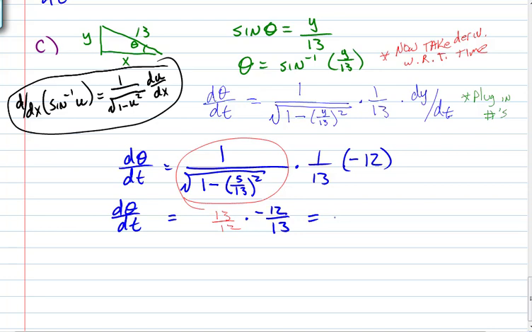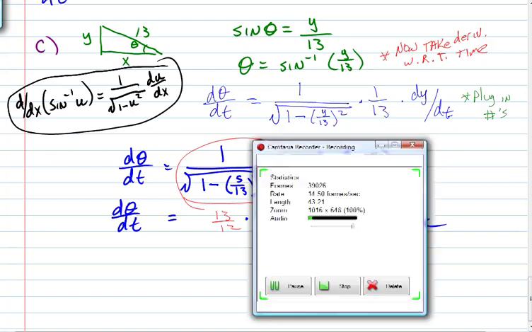We end up with negative 1. What are the units here? Radians per second. Remember, whenever you do calculus with angles, those angles have to be measured in radians. Right? We're done.